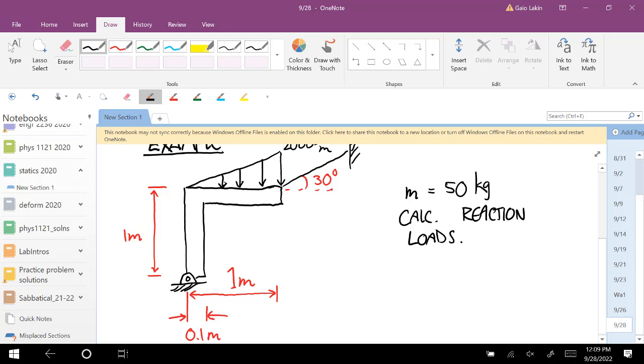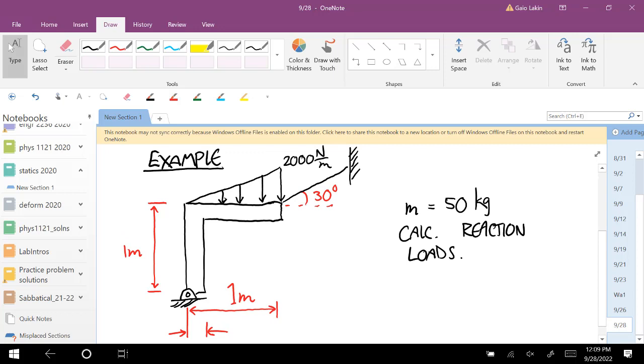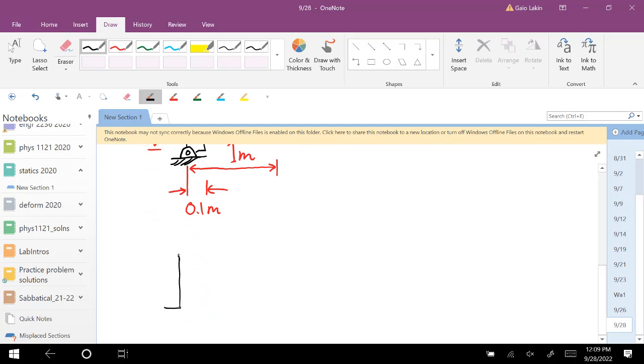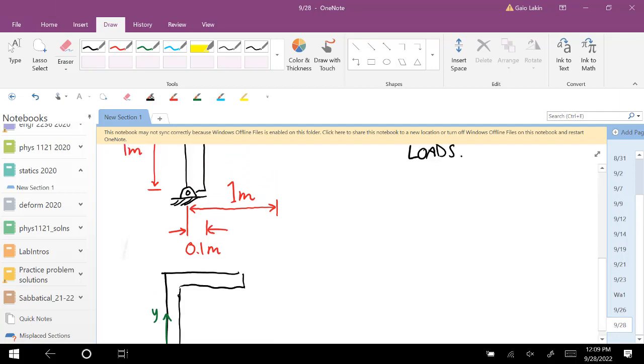Okay, well, we have to calculate the centroid of that shape so that we know where to apply the weight force. And then we'll deal with the distributed load after that. So if this is the shape, I'm going to put the coordinate system down in this corner where that joint is.